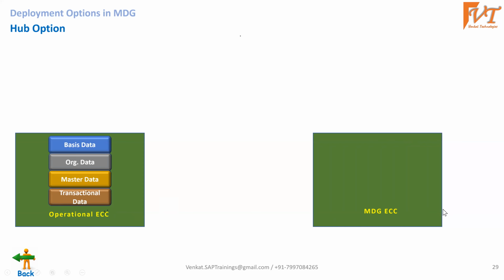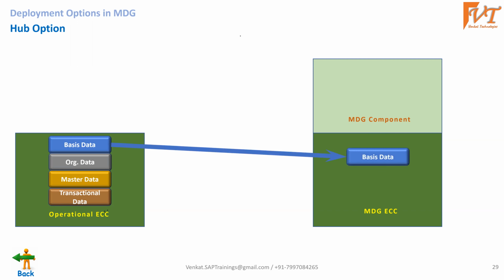It's a separate system itself. Now, on the separate system, they can install the MDG component. So if it is MDG on S4, the component will be pre-installed. You just visualize it that way. So they have the MDG system and the MDG component is installed.